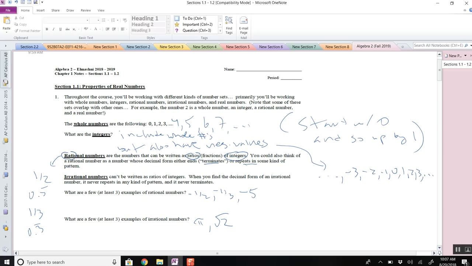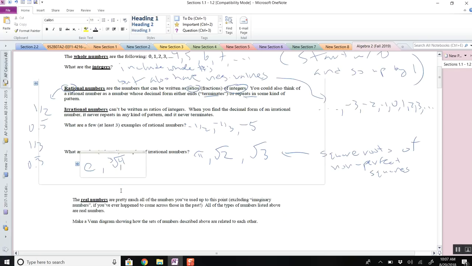Pi or √2 are good examples of irrational numbers, or you can also say √3, so basically square roots of non-perfect squares. We will see some other ones later in the year. There's a number called e, and also cube roots or other kinds of roots. Things you haven't learned yet, don't worry about it. We'll get there later, and I'll have that discussion with you at that time.